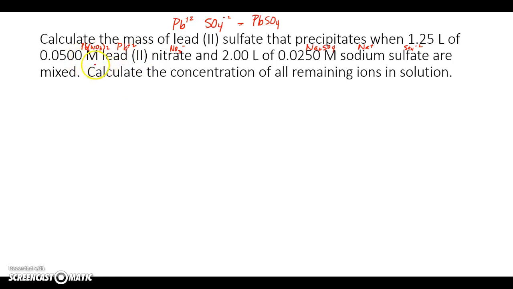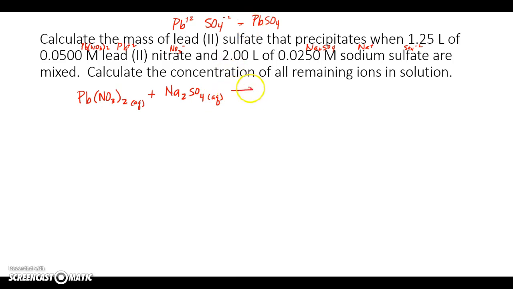So it looks like these two substances are being mixed. So we can say that lead nitrate is going to be mixed, and remember, because it's a nitrate, it's aqueous, with sodium sulfate, which is Na2SO4. Because of that sodium, we know that's aqueous as well.